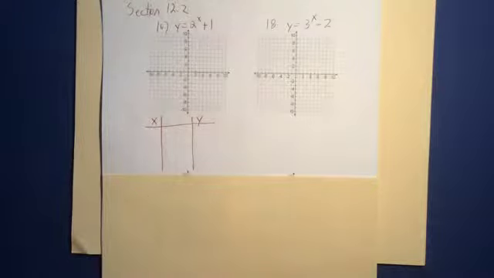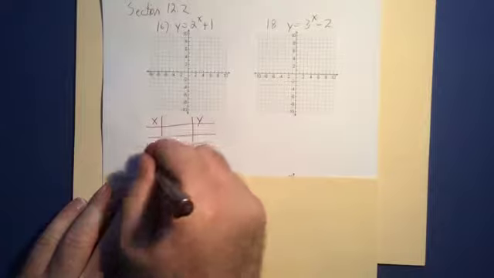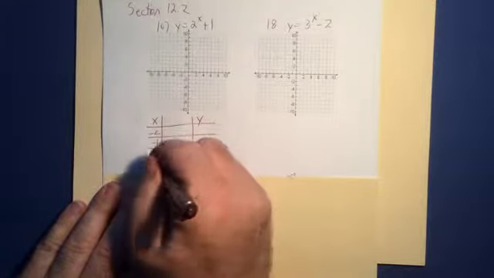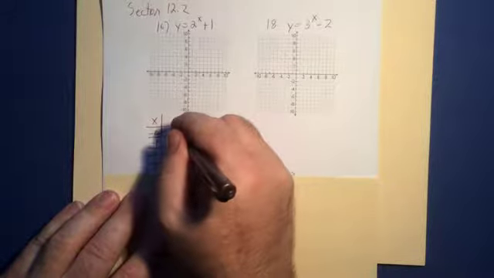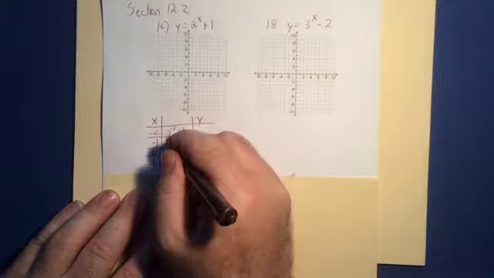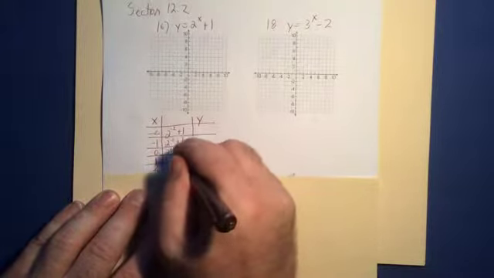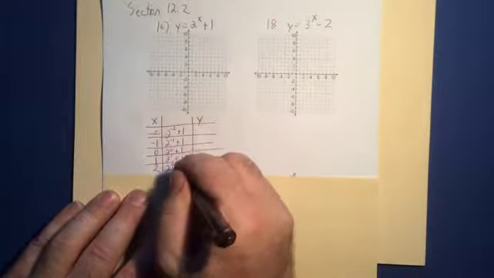For this one, we can stick with normal values, so we're not going to make any changes to our standard 5 values, which will be -2, -1, 0, 1, and 2. So this is going to be 2 to the -2 plus 1, 2 to the -1 plus 1, 2 to the 0 plus 1, 2 to the 1 plus 1, and 2 to the second plus 1.